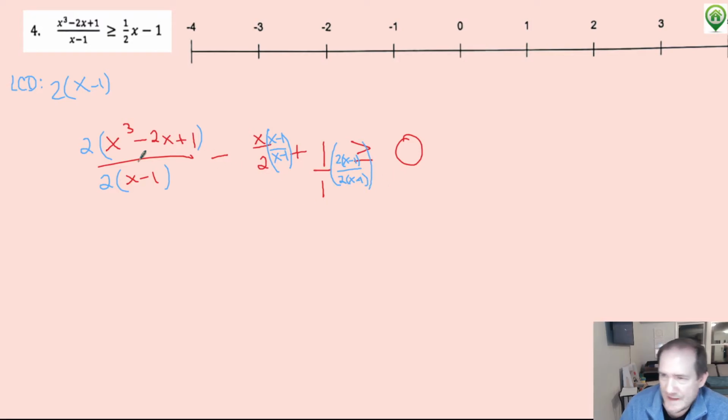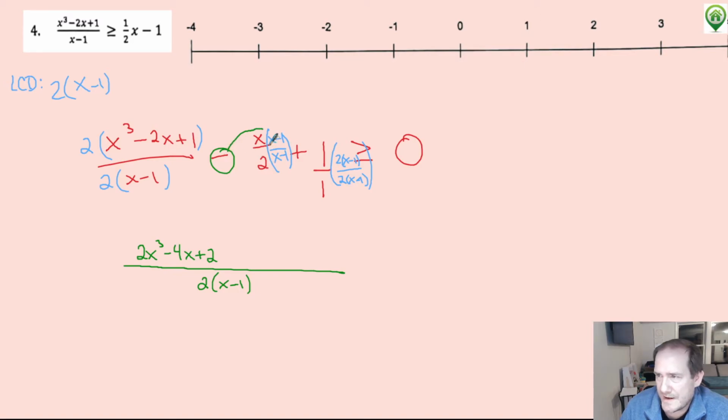But if I do that, then suddenly everybody will have the same denominator. Everybody's denominator will be 2x minus 1, which means it's big fat fraction time. Our denominator will just be the 2x minus 1. And this guy's numerator will be 2x cubed minus 4x plus 2. Here you've got a negative, so don't forget to distribute it.